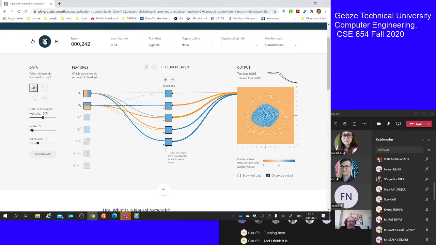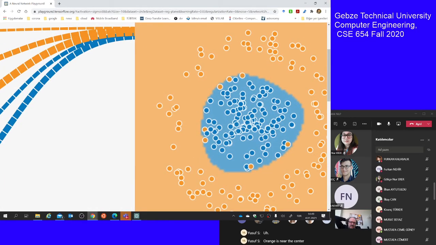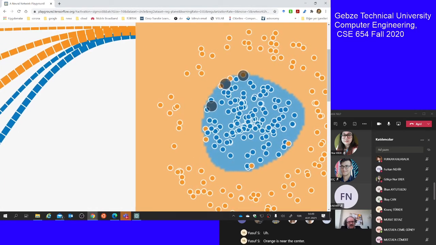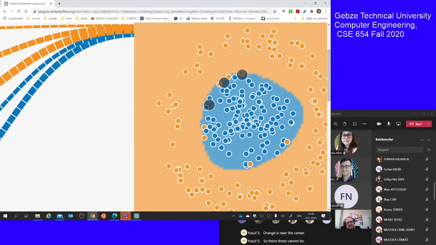Yeah, loss is very, very small, 0.05 maybe, and I don't think that it can do better than that, because those oranges near the center cannot be classified correctly.